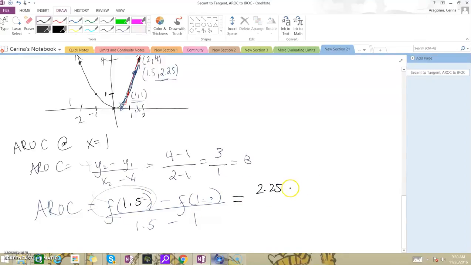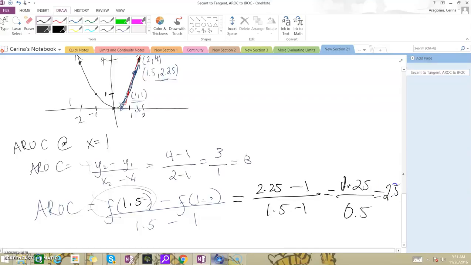F of 1 is 1. 1.5 minus 1. And so my slope here would be 1.25 divided by 0.5, which is equal to 2.5.